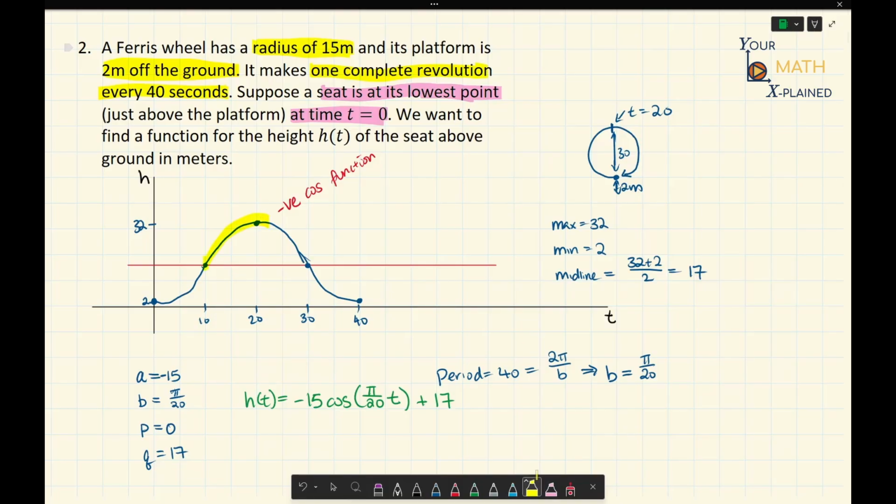So that tells us if we were to use a sine function, then this graph that we have here is the sine function, but we have shifted it 10 units to the right. So if you decided to use a sine function, your p value here would be 10. And that would also be a valid solution. But here we decided to stick with our negative cosine function. So this is our h of t.